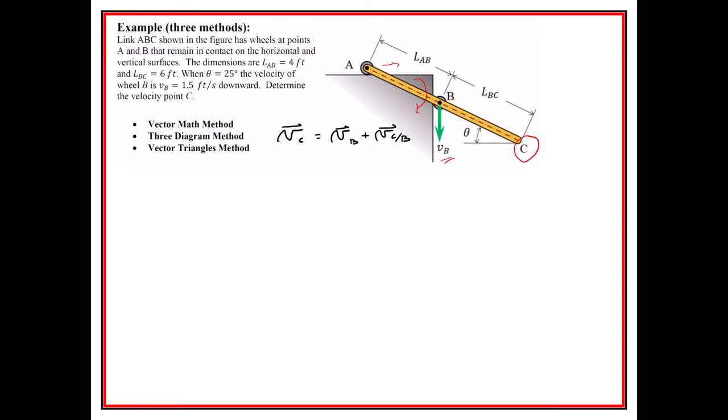So the other piece of information that we have available to us is that A stays in contact with the horizontal surface. So we use the thought process, and this is very typical, that okay, here are the things that we know. From that, we might be able to jump ahead if we have some experience solving problems like this and recognize that we can get the angular velocity. But we might not know that.